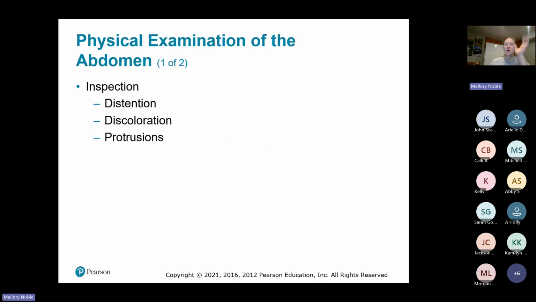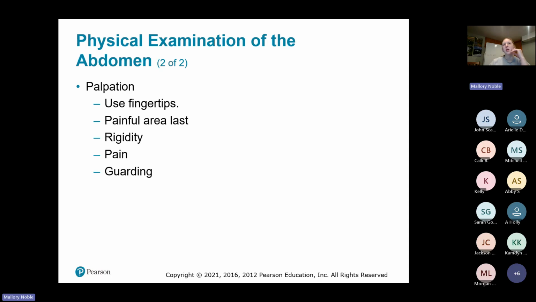Inspection. So when we inspect the abdomen, we're looking at distension, discoloration, and any protrusions that we see. Protrusions being like hernias. We're going to palpate. This says use your fingertips, but I want to make sure we're clear. You're using the pads of your fingers, not the tips of your fingers. Tips being straight down, pads being kind of at an angle. The reason being is if we're going straight down, you can certainly cause some more discomfort.